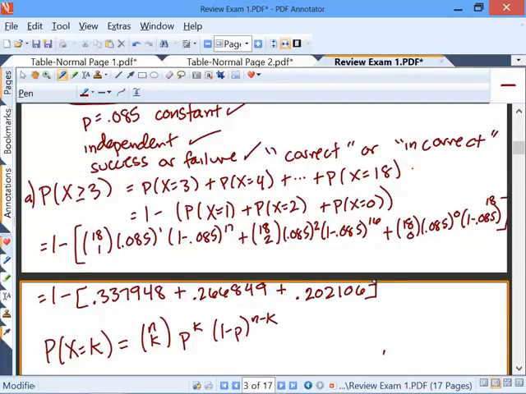So the 3 probabilities that I get are 0.3379, 0.2668, 0.2021. Did you guys get those probabilities?